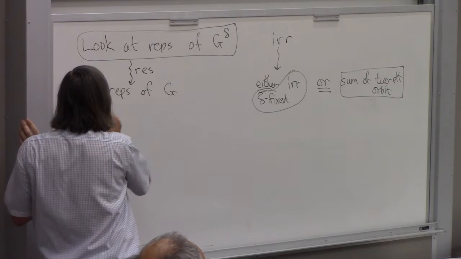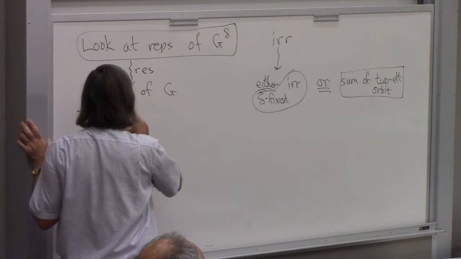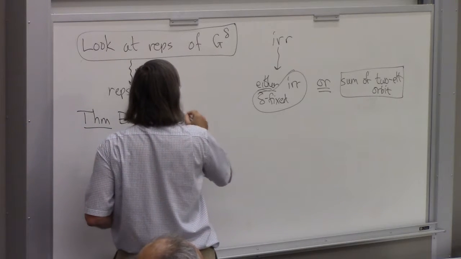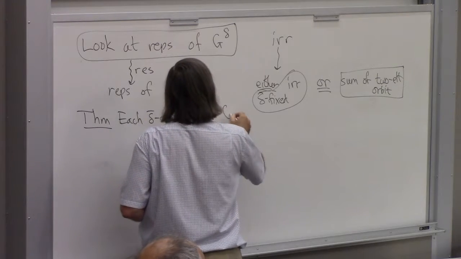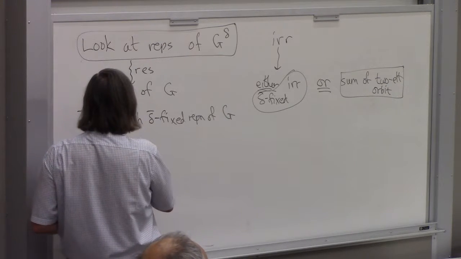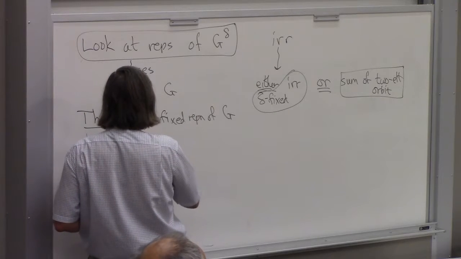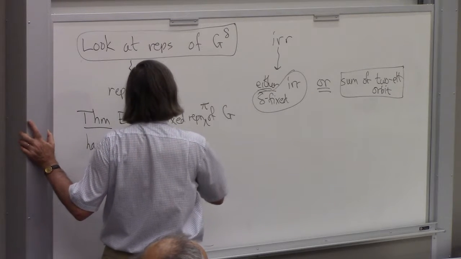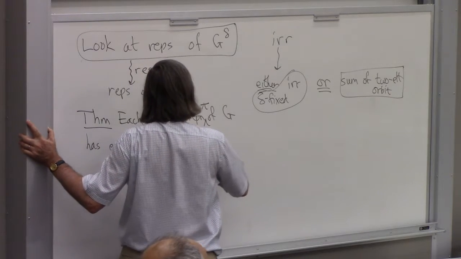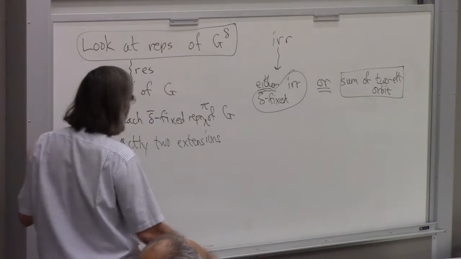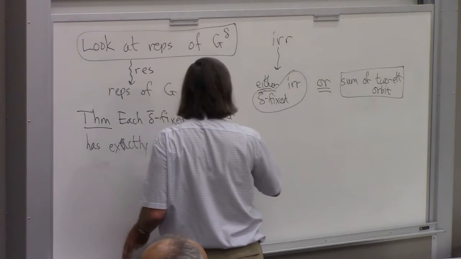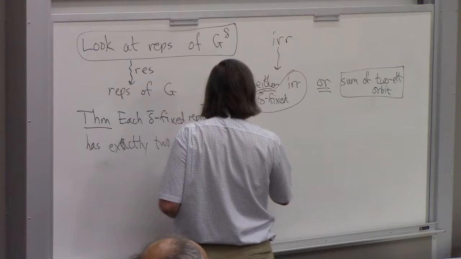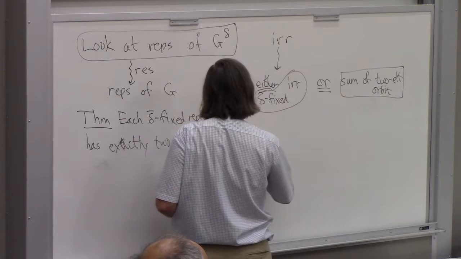And the theorem is that each delta bar fixed representation pi of G has exactly two extensions. I can't avoid writing them pi plus and pi minus, but these labels are not canonical.